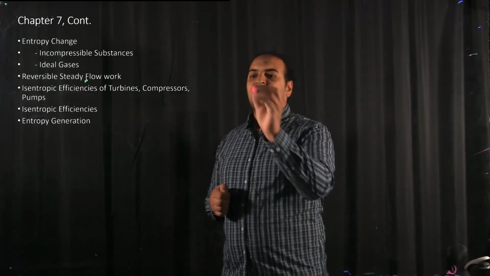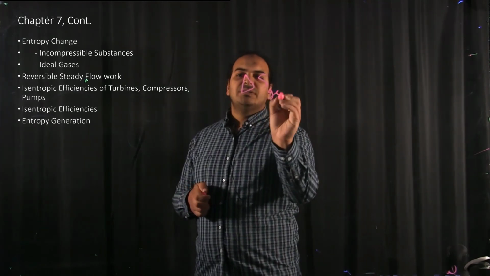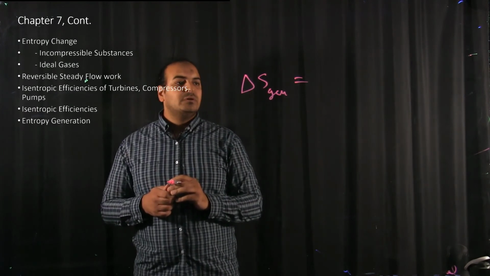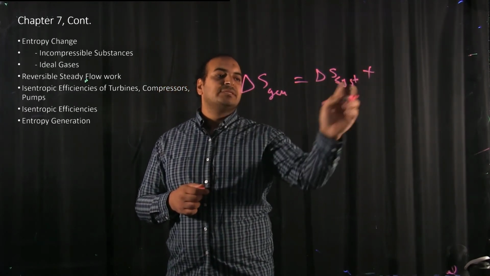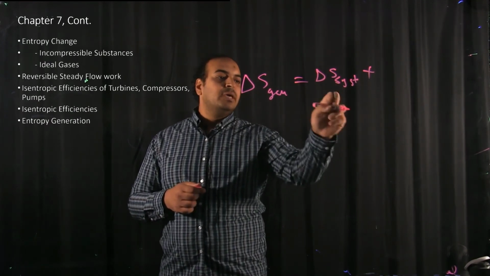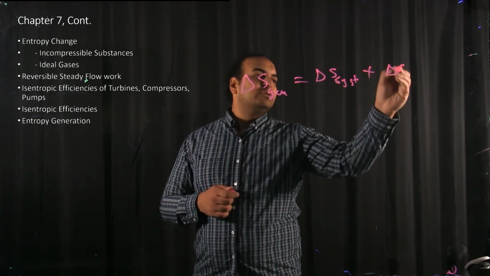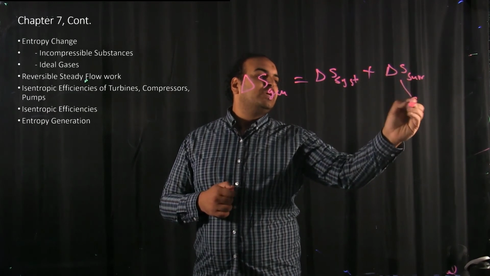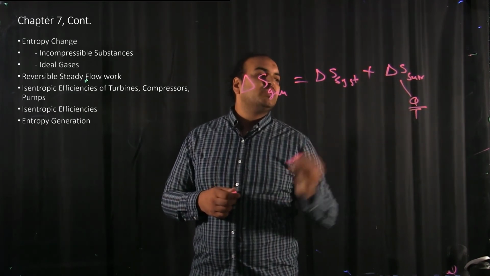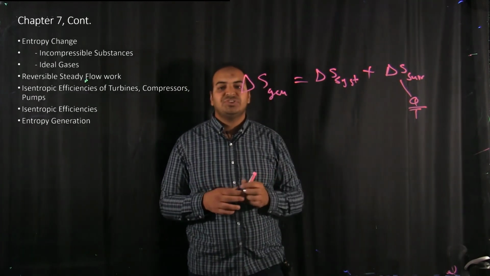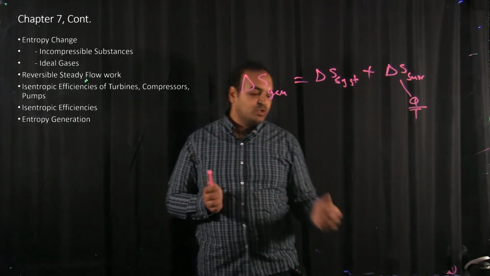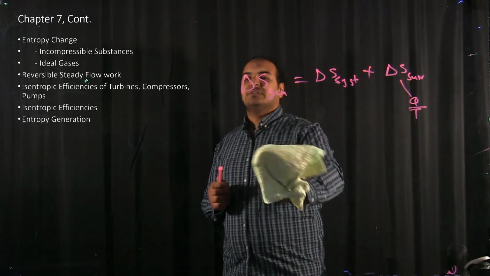Again, delta S generation equals delta S system plus delta S surroundings. The system can be many things: an ideal gas, steam table, or incompressible substance. Delta S surroundings is usually Q over T, because the surroundings are usually a thermal reservoir, so the temperature does not change.